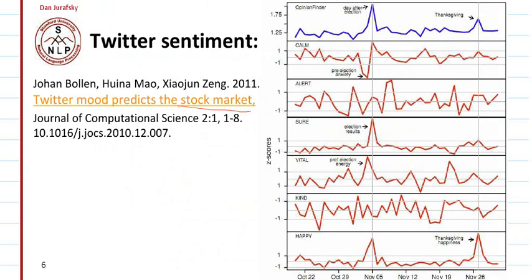You see, they are different: somewhere there are peaks, somewhere there are lower peaks. These are the different kinds of moods or sentiments for a stock in respect of different kinds of words. These are the opinion finder, and these are calm, alert, sure.